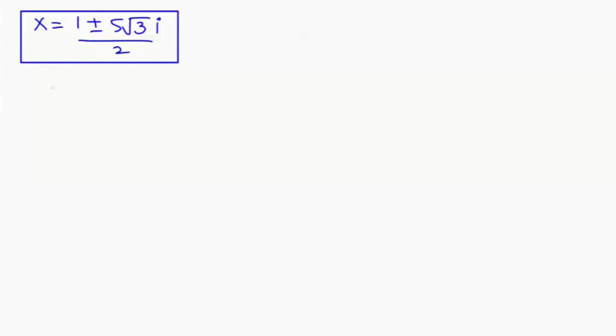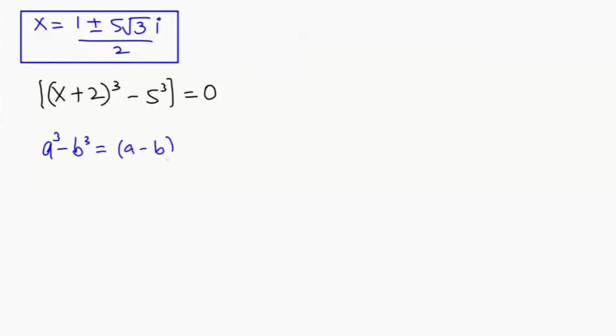The second case we have (x plus 2) whole to the power of 3 minus 5 to the power of 3 bracket is equal to 0. Now I'm going to apply the algebraic identity, that is a cube minus b cube is equal to (a minus b)(a square plus ab plus b square). This is our a and this is our b value.